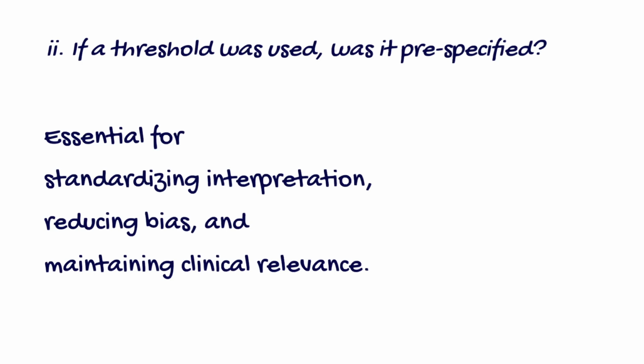This helps prevent biased or exaggerated estimates of accuracy. If they choose the threshold after seeing the results, they might pick one that makes the test look really good, even if it is not. By setting the threshold ahead of time, we can avoid this problem and make the study more trustworthy.